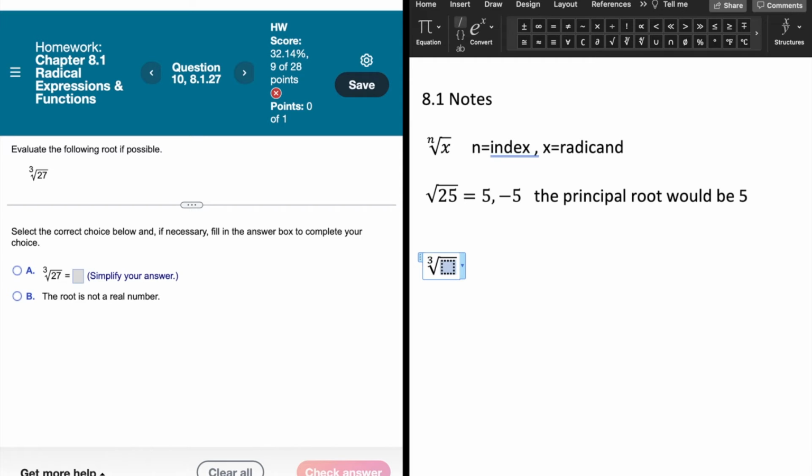Well, a cube root of something means if I've got the cube root of 27, what I'm trying to do is I'm trying to say what number multiplies to itself 3 times to get me 27. And the answer just so happens to be 3. So that means 3 is just our final answer. The idea is if you can find some number that raises to the third power to get you 27, well then that third power and the root of 3 are just going to cancel out to give you 3.